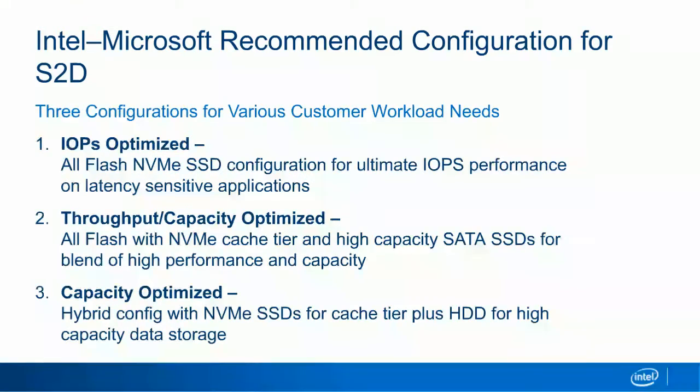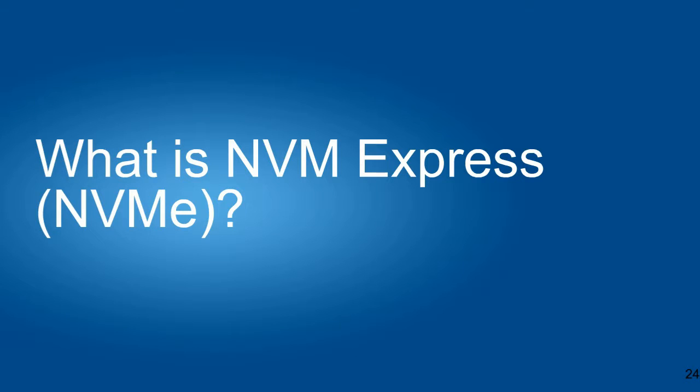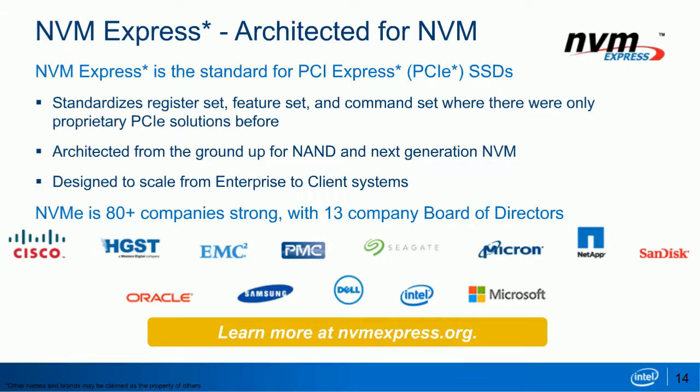So for people who are not familiar with what NVMe is and how that technology differs from SAS and SATA, I'm just going to give a quick overview of where we think the technology is and the different numbers that we're looking at, right? So NVMe Express is the standard for PCI SSDs.